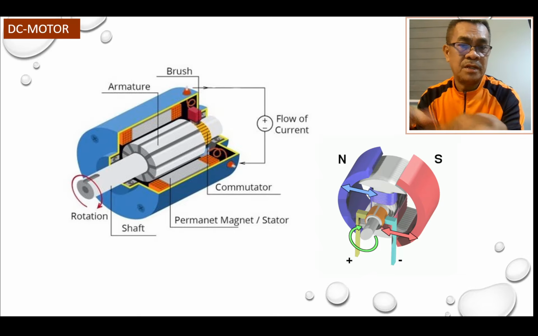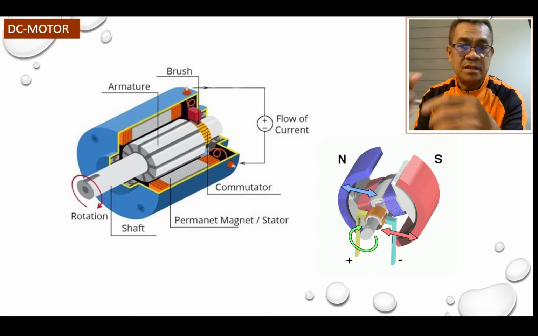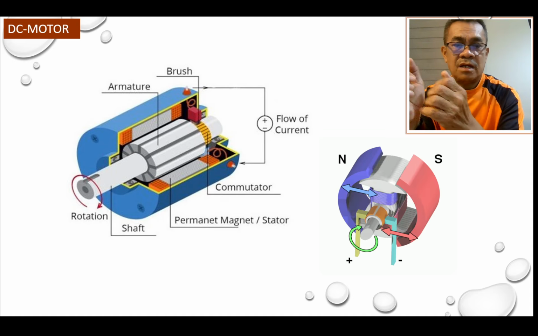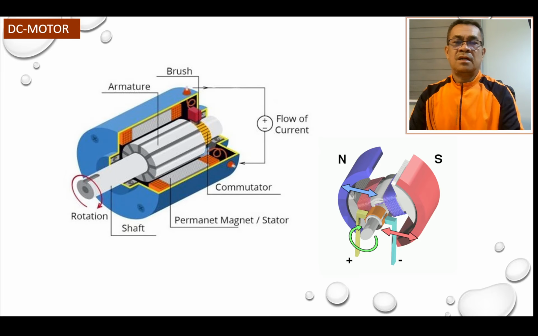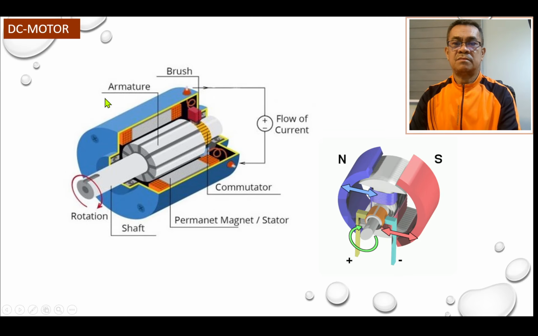The current loop in our previous slide is the armature. The armature has a number of windings, number of turns, of magnetic wire.